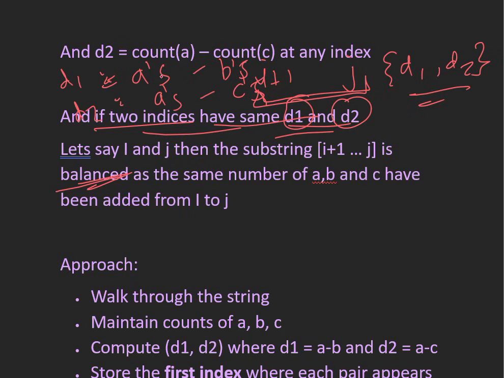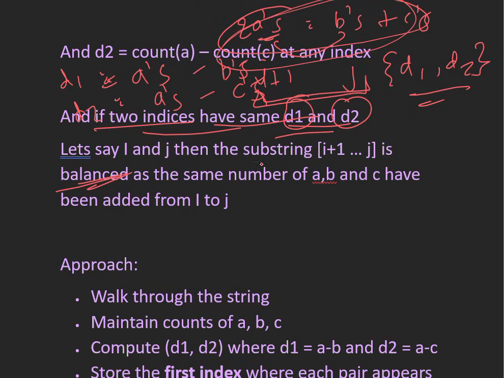If both these are equal, then 2 times a's added is equal to b's added plus c's added, and already we have seen a's added is equal to b's added. So all three will be equal, right? a's count is equal to b's count equal to c's count. This is what these things are pointing to.